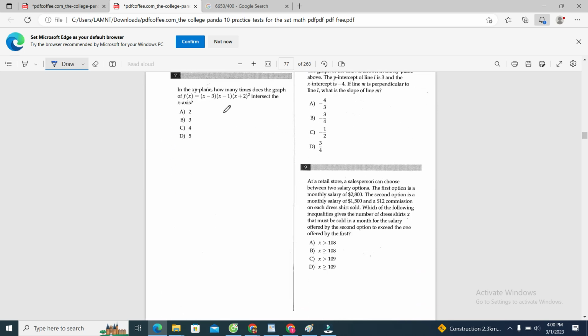How many times does the graph of f(x) equal to (x minus 3)(x minus 1)(x plus 2) squared intersect the x axis? For f(x) to be equal to 0, there will be three solutions, right?